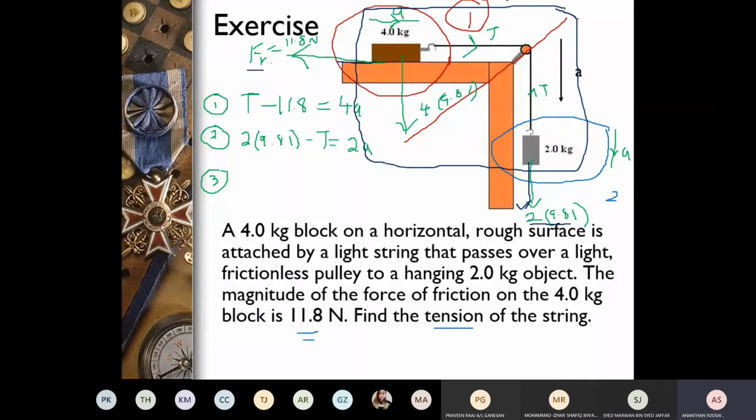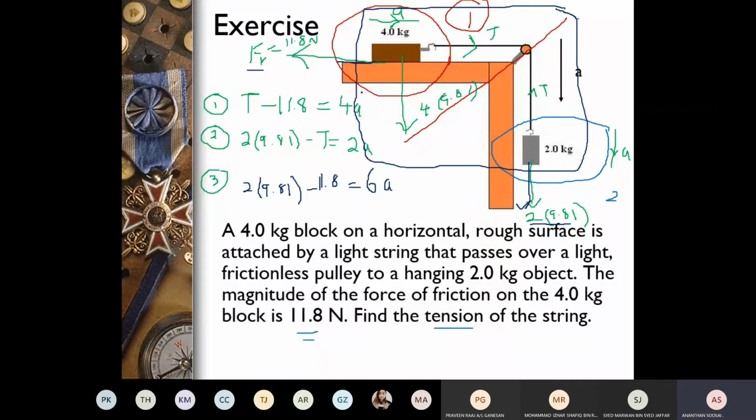The intermediate force, no need to involve. So what equals MA for the third one? The entire system, M is going to be the entire mass, so it's going to be 6A. What is the force pulling it down? 2 times 9.81. What force is opposing? The friction is opposing it. So 11.8.